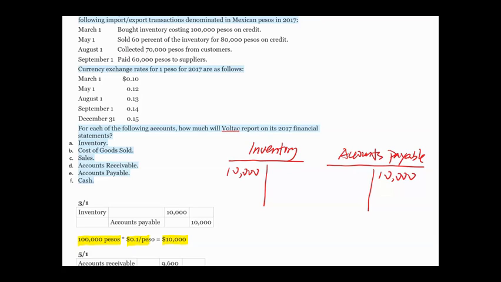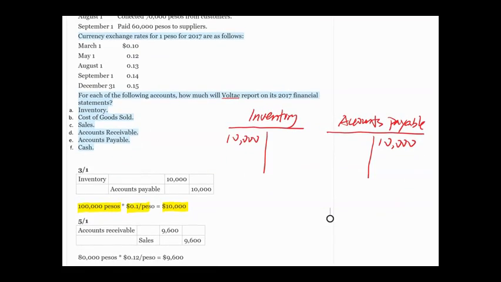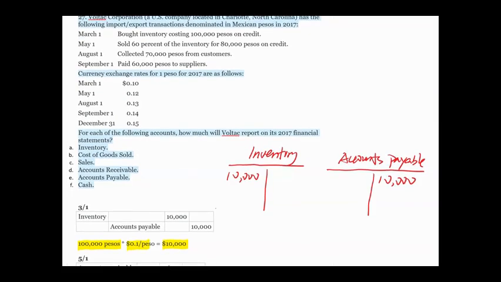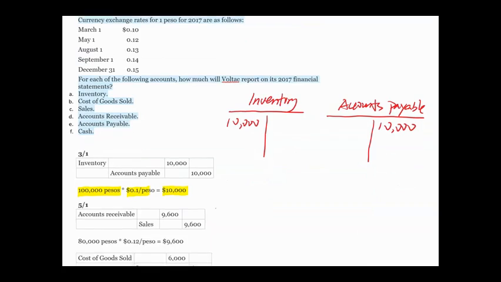Then on May 1st, they sold 60% of inventory for 80,000 pesos on credit. So they sold 60% of their inventory for 80,000 pesos. Let's prepare the sales first. For the 80,000 pesos on May the 1st, we use 80,000 pesos times the exchange rate on that date.